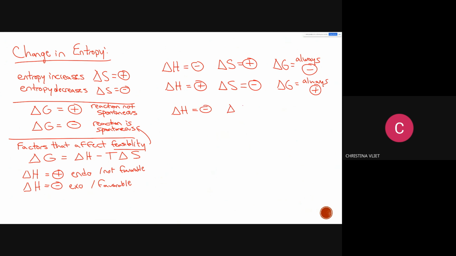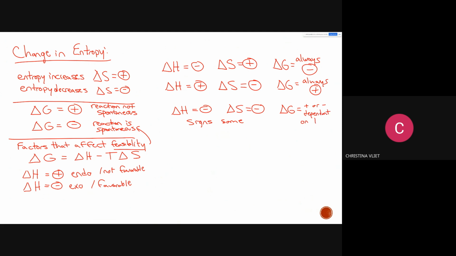So if the signs are the same, like if delta H was negative, which is favorable, and if delta S is negative, which is unfavorable, what's delta G? Either positive or negative dependent on temperature. So if the signs are the same, the delta G is positive or negative dependent on temp.